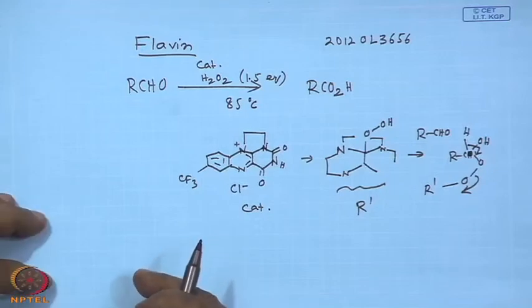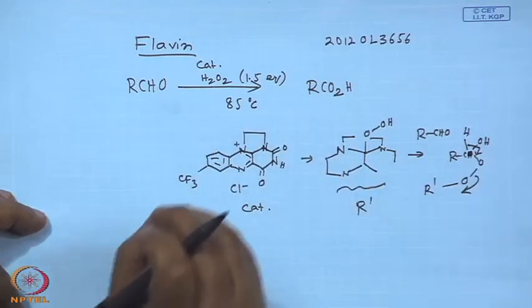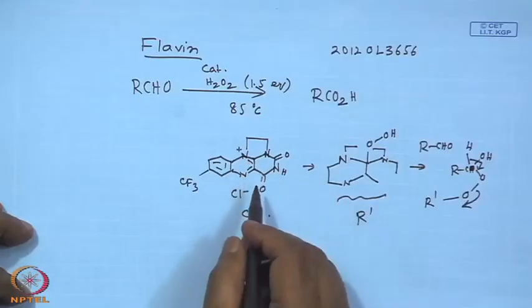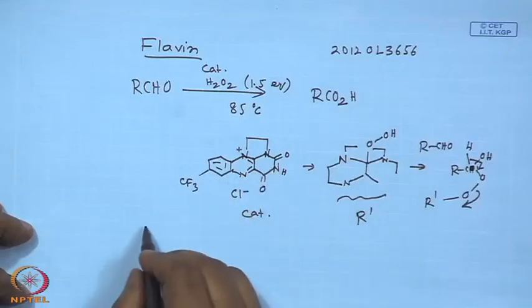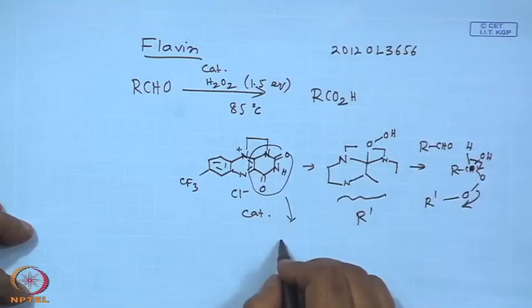Our topic is that this is a nice example of a heterocycle being used as a catalyst for the oxidation of organic compounds. And how to make it, again do the simplifications. You start from alloxan. Actually this portion comes from alloxan.